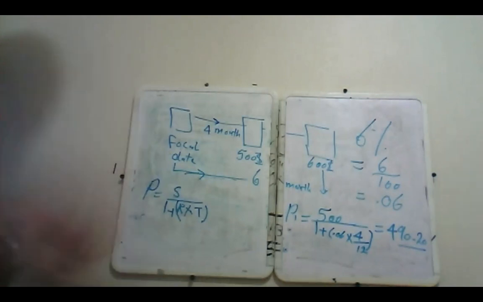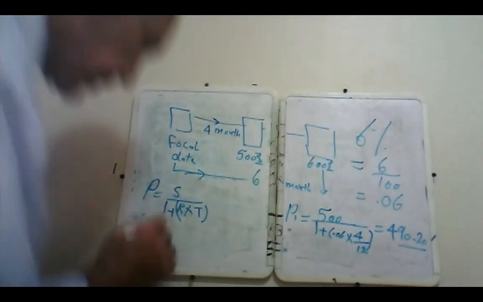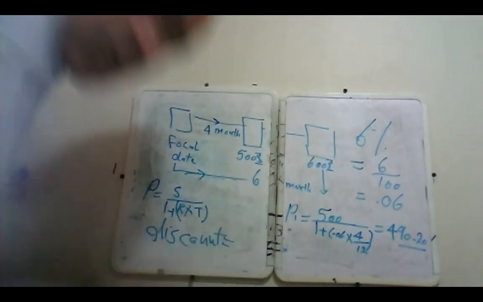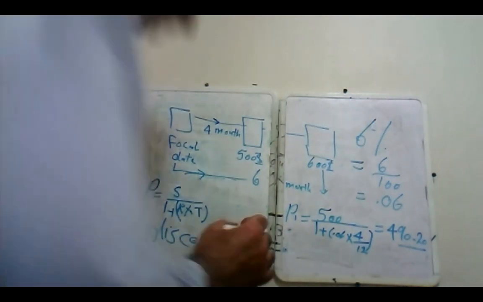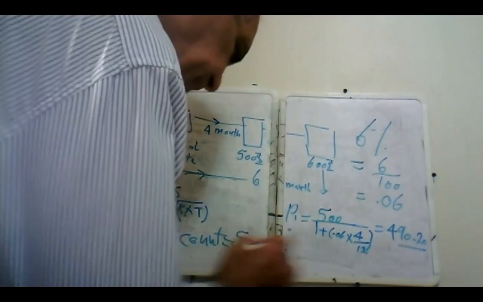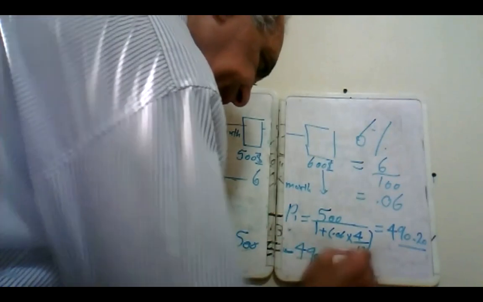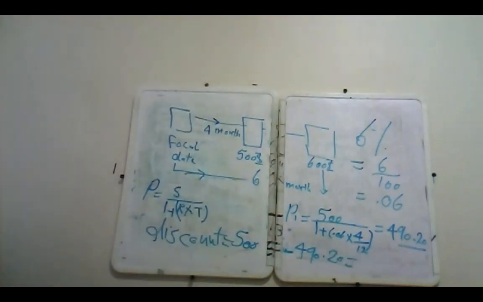Then you will have the discount of the rest. So the discount will equal the $500 minus $490.20. So this will come to, I think, $9.80, right?